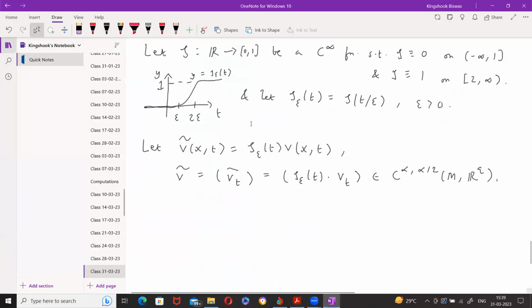Sorry, this is 1 here and 0 here. So the graph is going to be like this. It's 1 up to here, up to epsilon, and then 0 here.